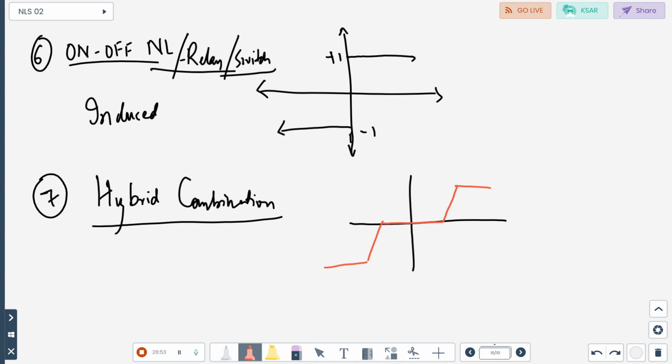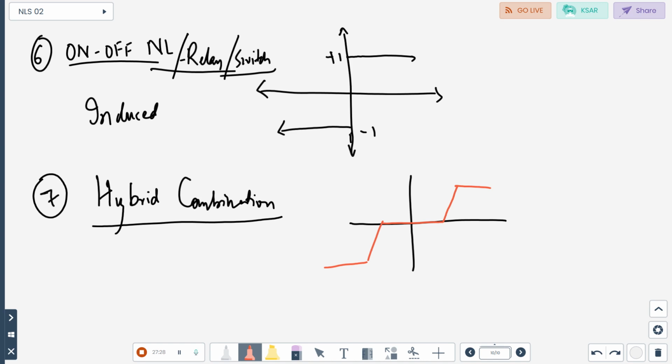And we have not gone into the mathematical modeling of these nonlinearities as yet. After we take up the describing function method, we'll be analyzing these nonlinear behaviors for their mathematical models, and we'll be trying to derive the mathematical model of all of these nonlinear devices, be it the hysteresis nonlinearity, the saturation nonlinearity, the dead zone nonlinearity.